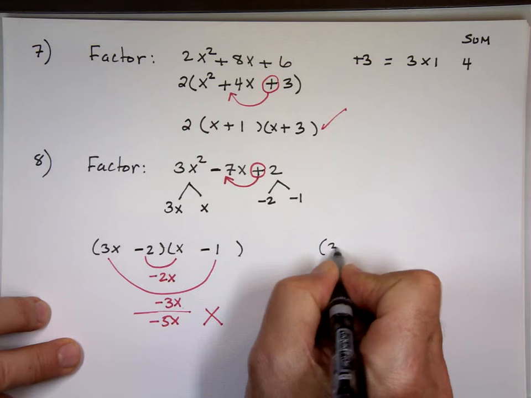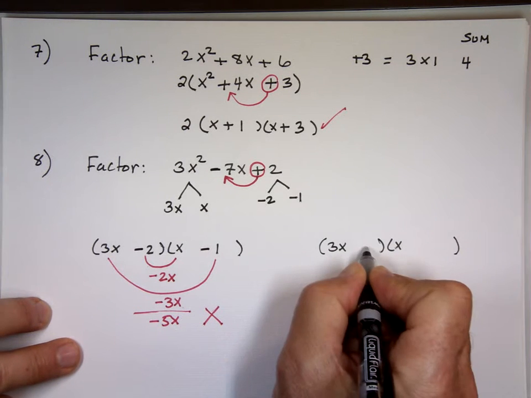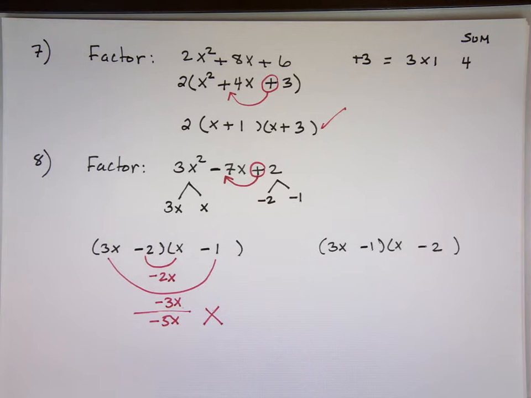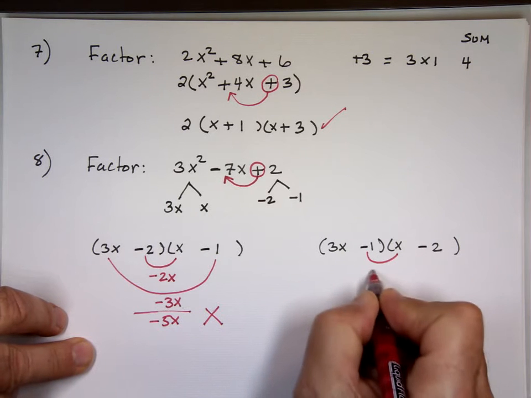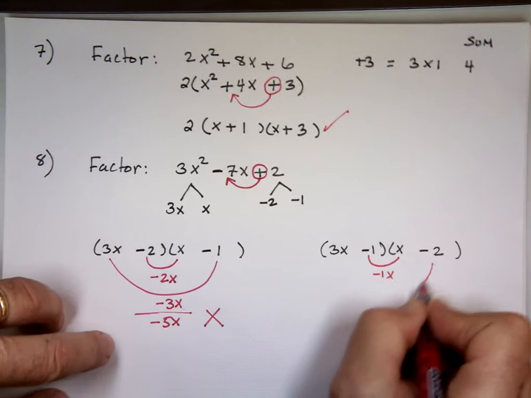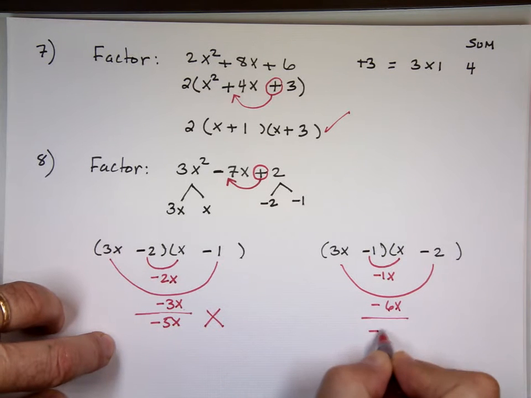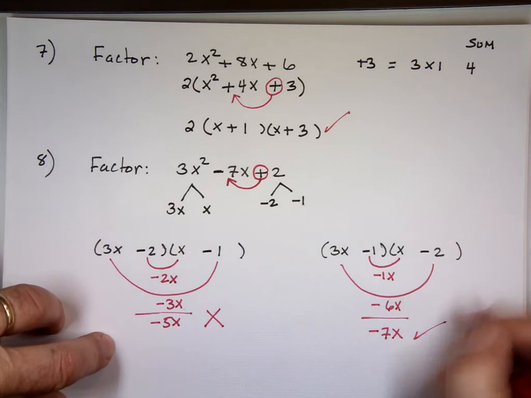Let's flip the 1 and the 2. Let's put the minus 1 here and the minus 2 there. And let's see now if we have the negative 7x. Negative 1x. Negative 6x, when you add them, that's negative 7x. Bingo, it matches that number. So that's correct. That means this is correct.